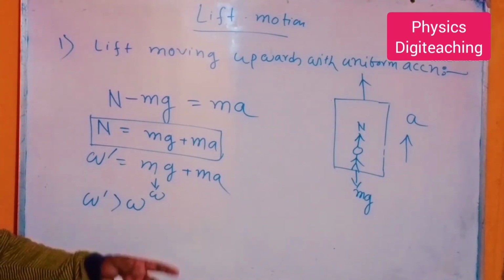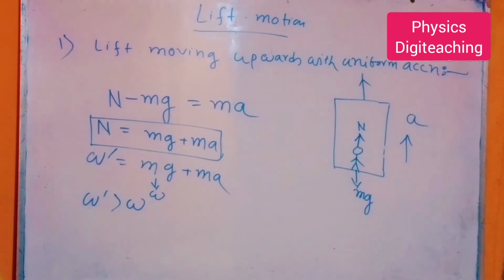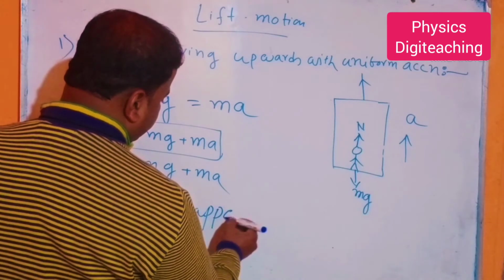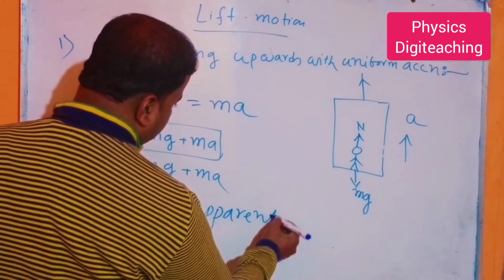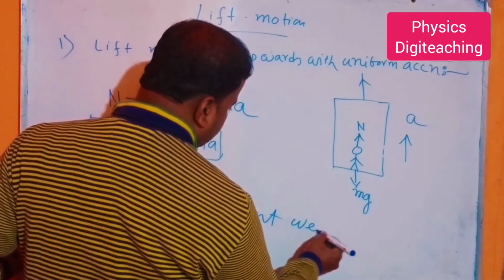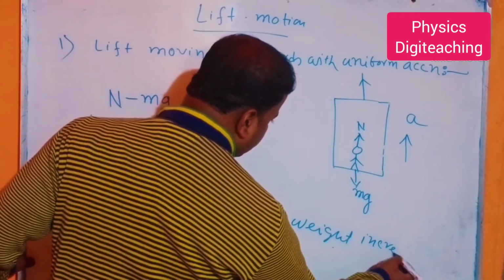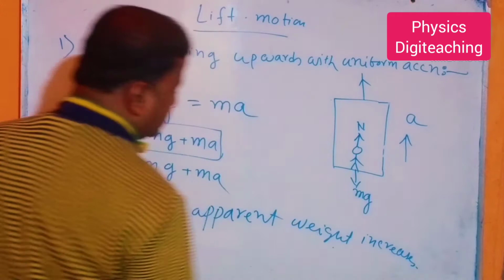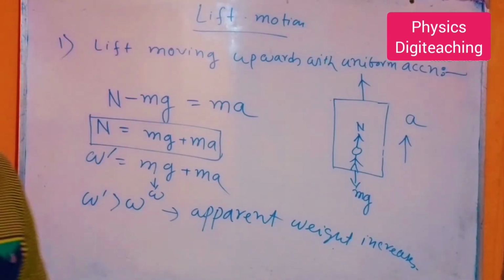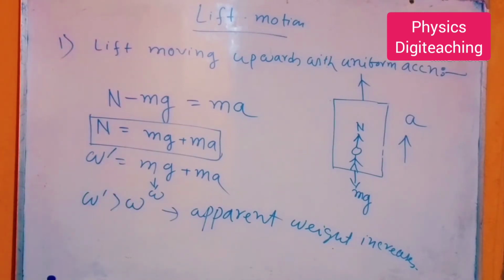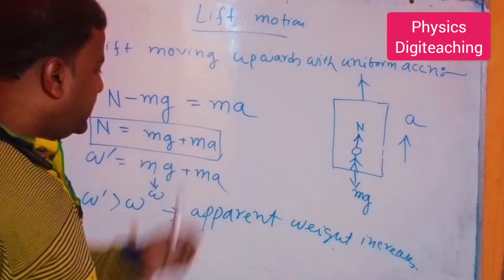That is, apparent weight increases. We feel heavier than our actual weight when the lift moves upward with acceleration a.